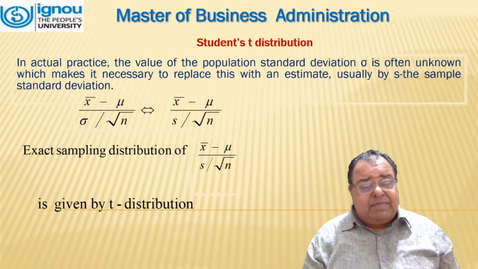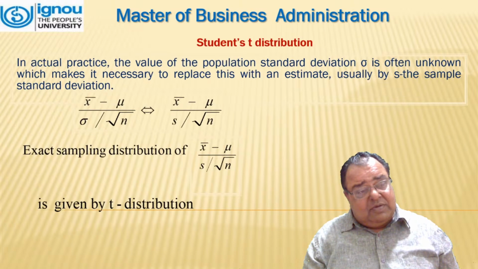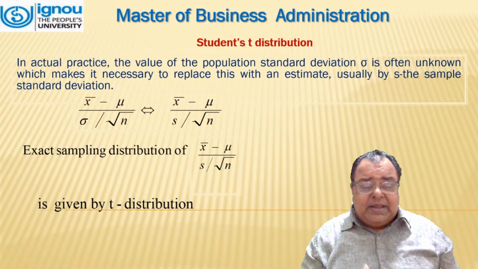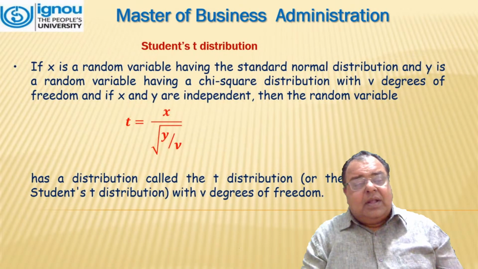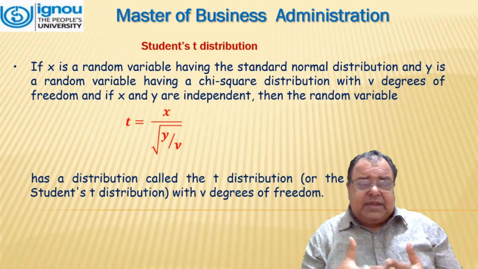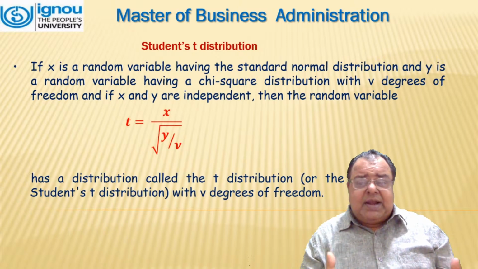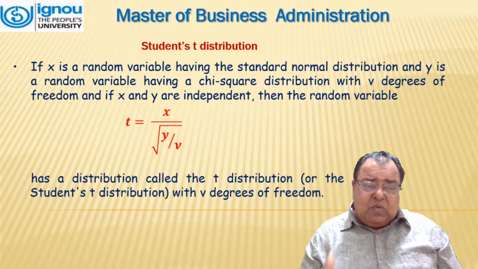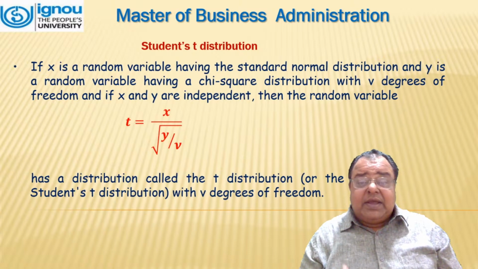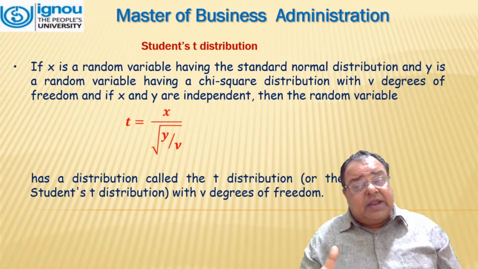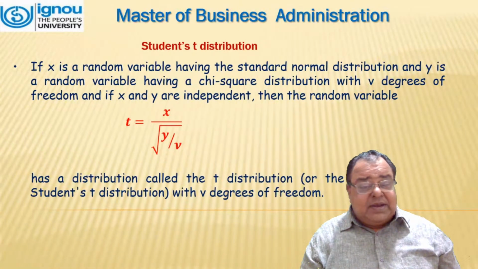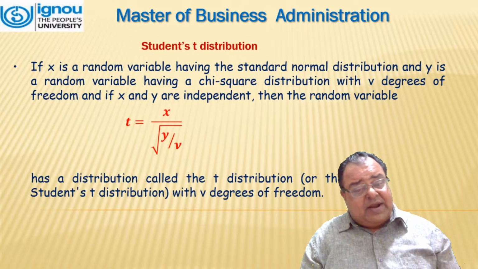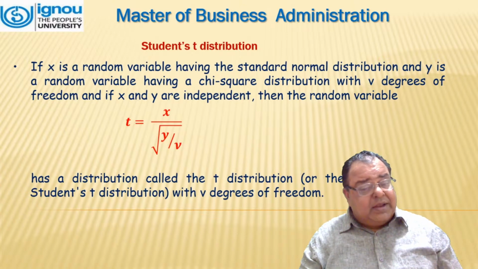The exact sampling distribution of (x bar minus mu) divided by s under root n is given by the t distribution. If x is a random variable having the standard normal distribution and y is a random variable having a chi-square distribution with nu degrees of freedom, and if x and y are independent, then the random variable t is given by x divided by under root y by nu.